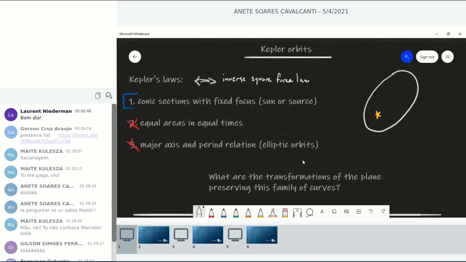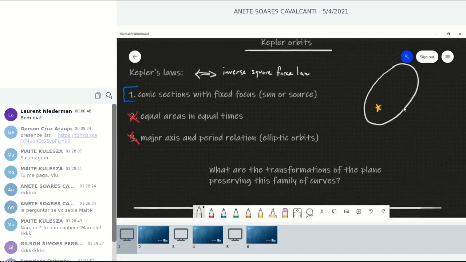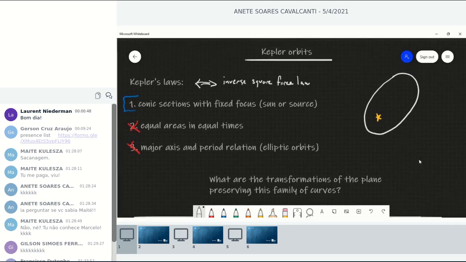Local in the sense that we're asking about transformations that need only be defined on some open set of the plane, and they take arcs of the Kepler orbits to another arc of one of these Kepler orbits. And it's also local in the space of curves. The transformation may only work for some of the curves, say an open set of the curves, a three-dimensional space in this case.